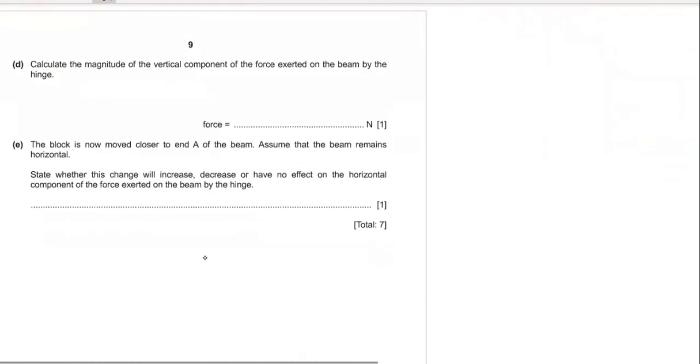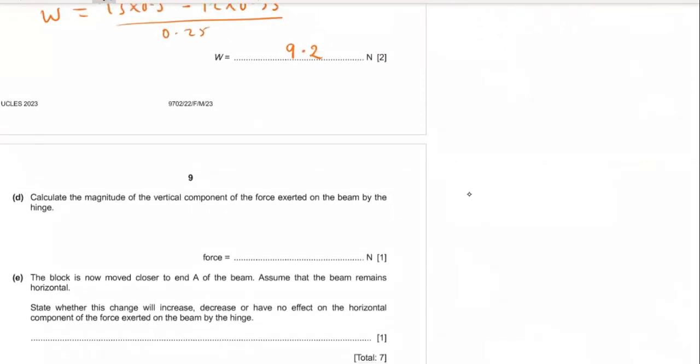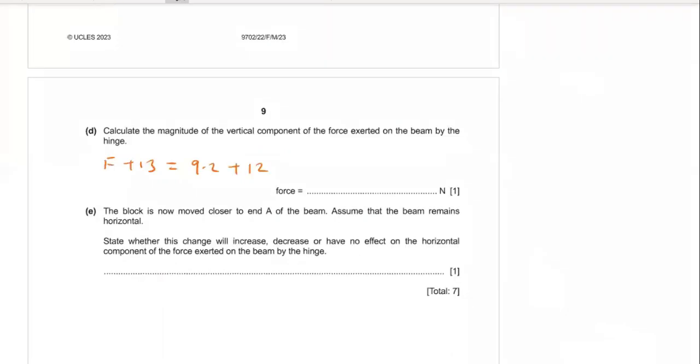So if I call that force F, it means that F plus 13 is equal to the weight W, 9.2 plus 12. So F here will be 9.2 plus 12 minus 13, which is 8.2 Newtons.